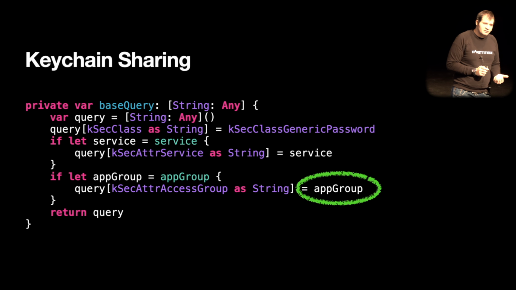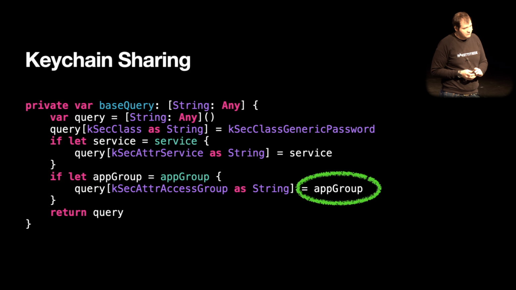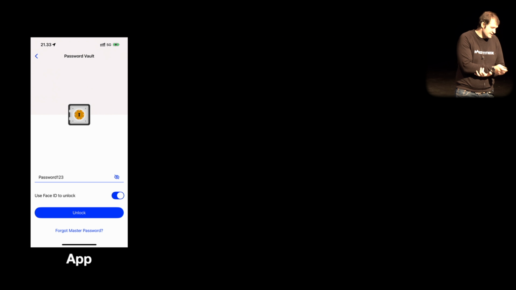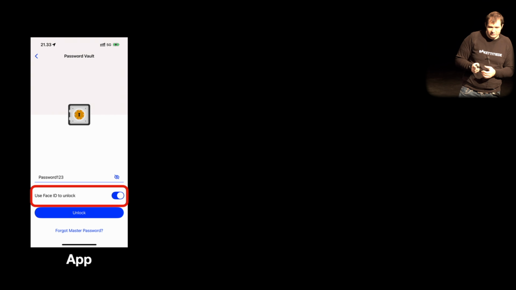Now let's take a look at some use cases from the real world. One of them, as I mentioned earlier, is sharing data with the extension. For example, this is a sample app for a password manager. It looks like this, and the user might select to unlock the app with Face ID or biometry.